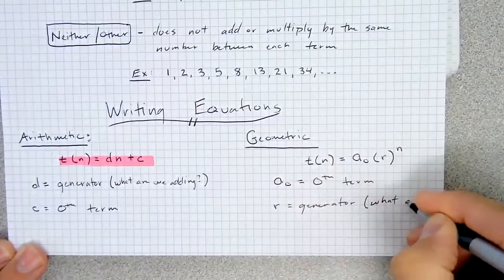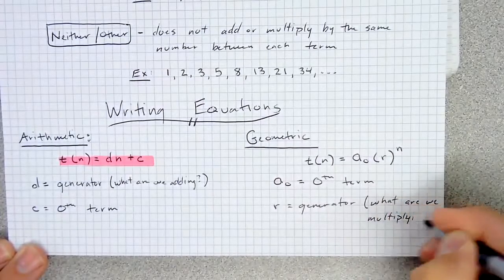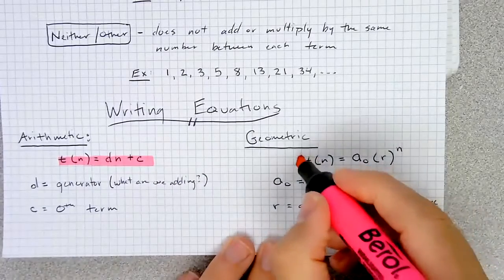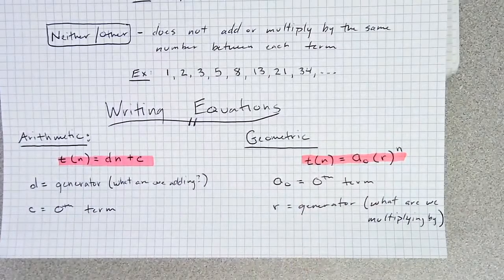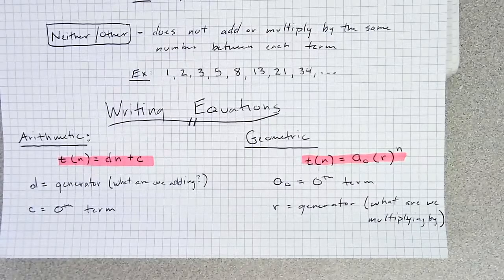Again, what are we multiplying by? Okay, if it's neither, then they don't have equations. They're usually pretty random.